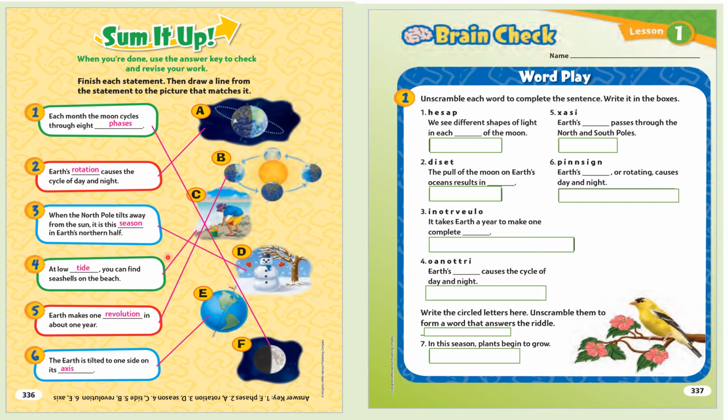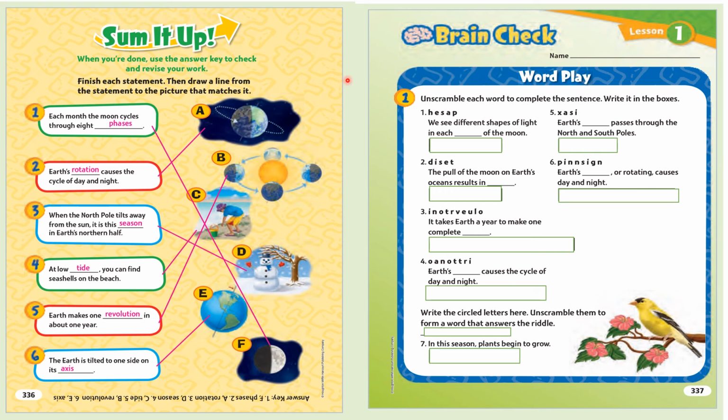At low blank, you can find seashells on the beach. 5. Earth makes 1 blank in about 1 year. 6. The Earth is tilted to one side on its blank. A, B, C, D, E, F.